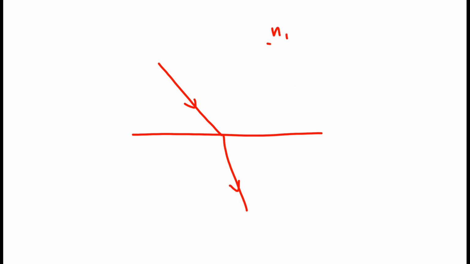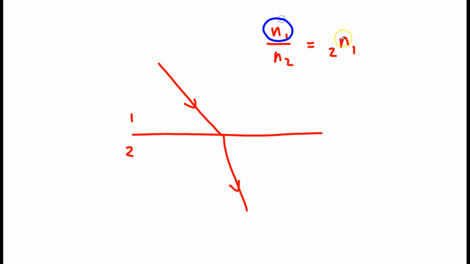The final idea to consider is when we show that ratio, n1 over n2, we can think of that as the refractive index of medium 1 relative to medium 2.